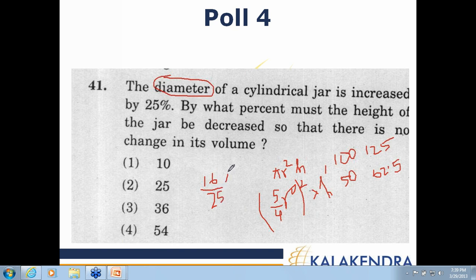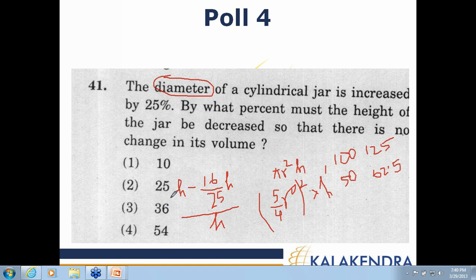So you know that this is a decrease. And how much is the decrease? H minus this, upon H. So the whole thing is 9 upon 25, which is nothing but 36%.